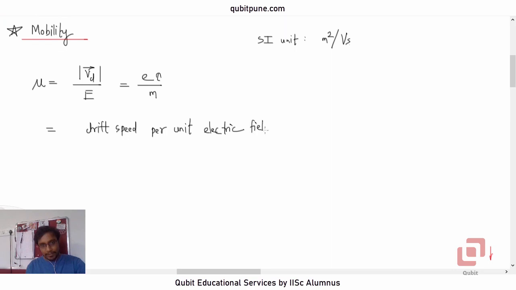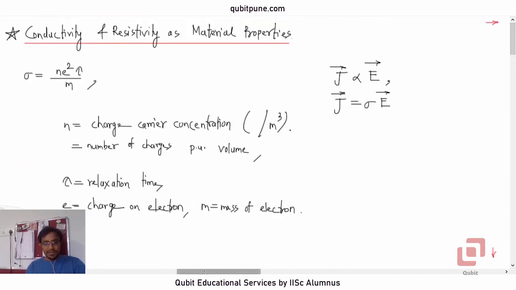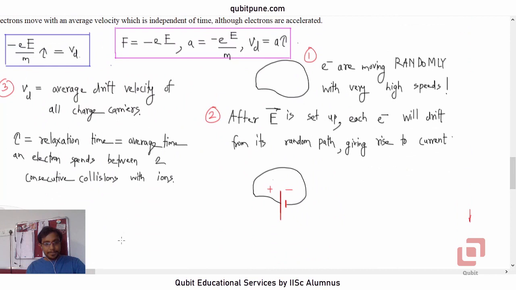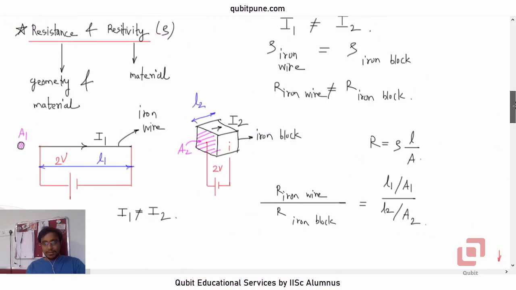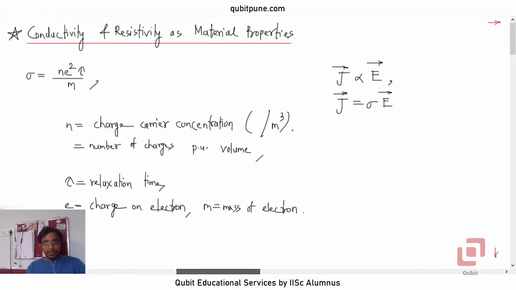We can obtain this equation from here. I will not derive it, but you can see that if it is Vd upon E, it is e tau by m. So you can define mobility mu, same symbol.